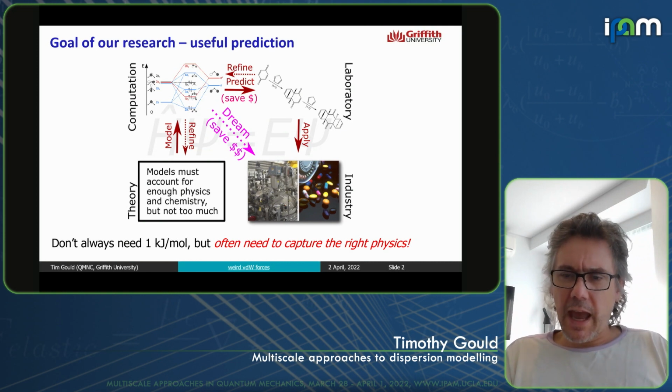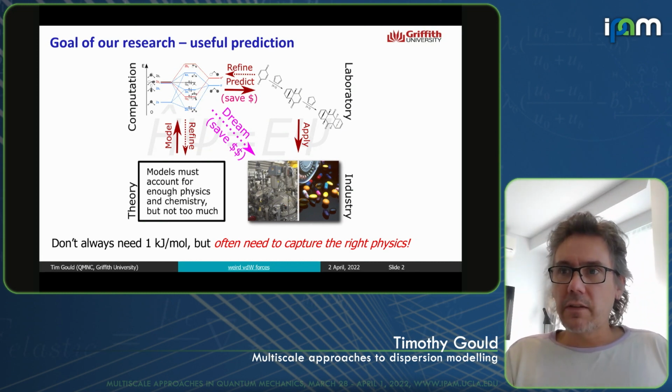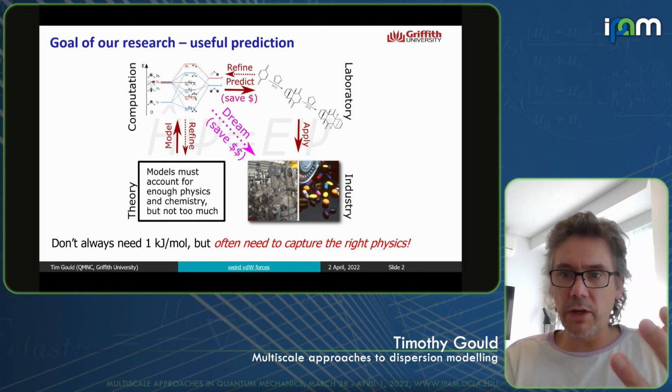And I think Alex and various other members of his group have made this point really clear, which has made my life a little bit easier: dispersion forces are one area where if you miss the real physics behind them, then you can really go wrong in quite a few systems.